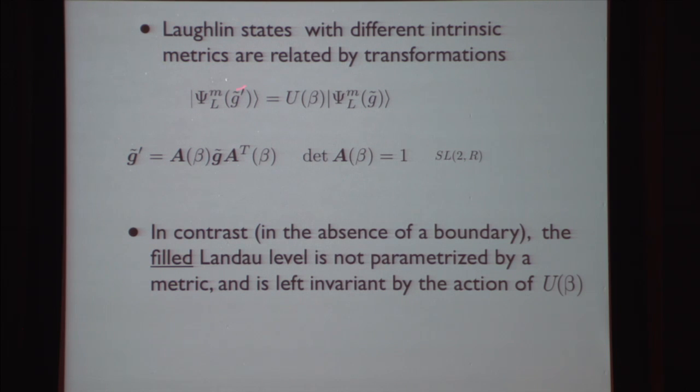And the contrast between the fractional Hall effect and the integer Hall effect is in the filled Landau level. The bulk parts of the filled Landau level are completely unaffected by this change. The filled Landau level is a Slater determinant, and the Slater determinant is invariant under a change of basis within the Hilbert space that it spans, right?